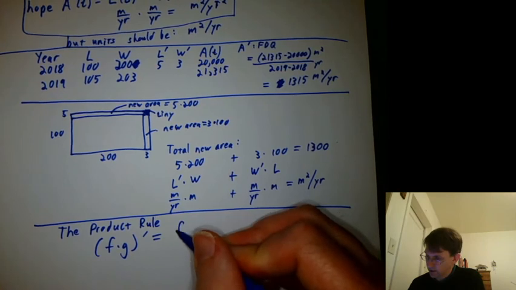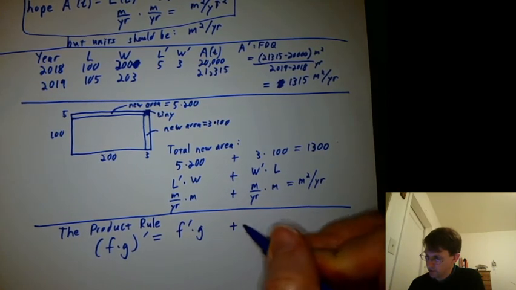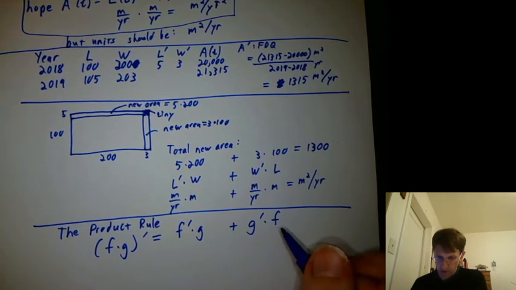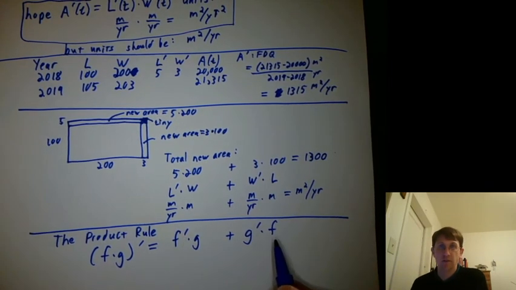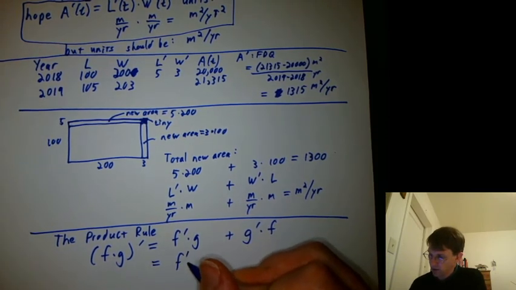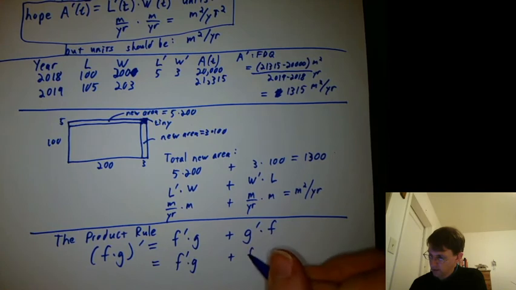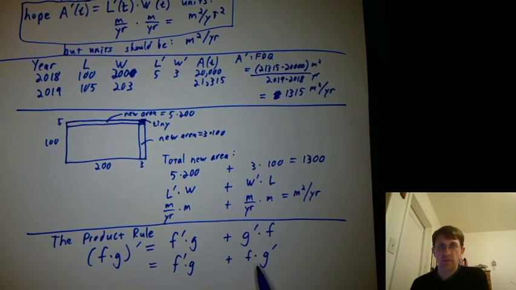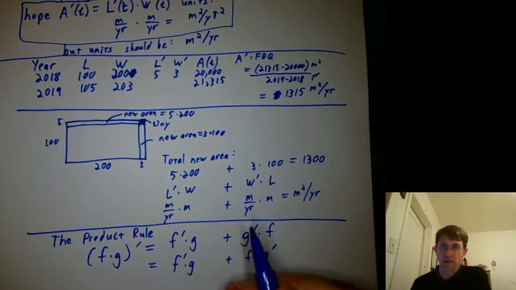So we could say it's f prime times g plus g prime times f. That's a good way to write it if you like always doing the prime first. Or, since you can multiply in either order, you could rewrite it as f prime times g plus f times g prime. And I actually like that version better because it maintains the order of the multiplication that we already had here. It doesn't make a difference in Calc 1.